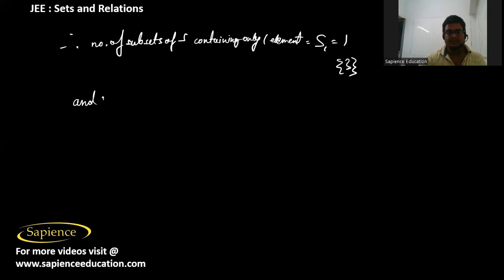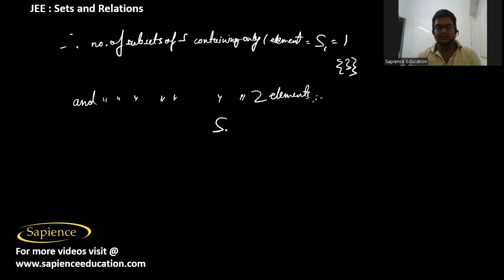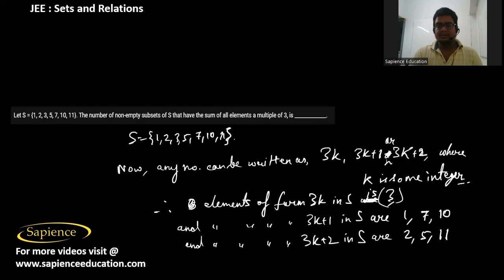And the number of subsets of S containing only two elements, that will be S2. So we can take one from 1, 7, and 10, and one from 2, 5, and 11, then only it will be divisible by 3.